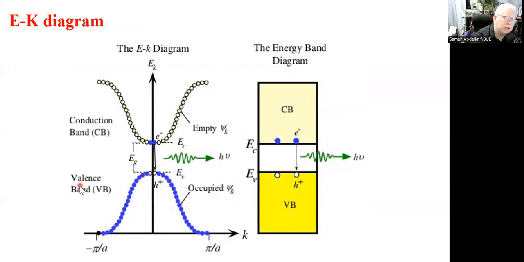Herein, we have two possibilities. The top of the valency band can be aligned with the bottom of the conduction band, as you can see in this graph. And this is what we call a direct band gap semiconductor material. Or the top of the valency band may be shifted from the bottom of the conduction band, for example, if it looks like that.